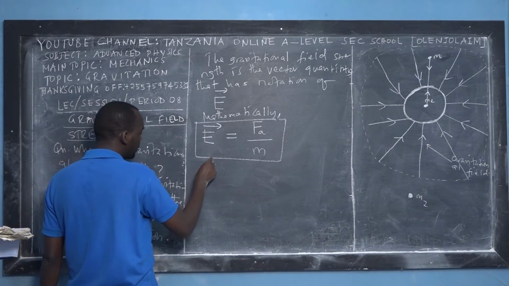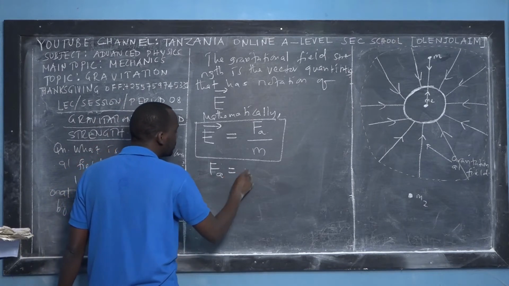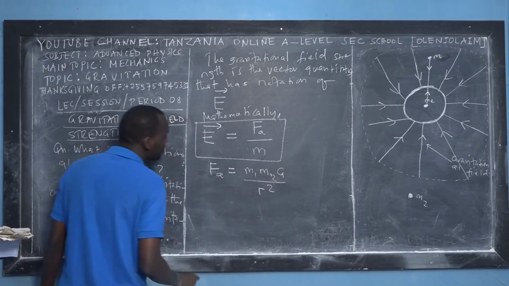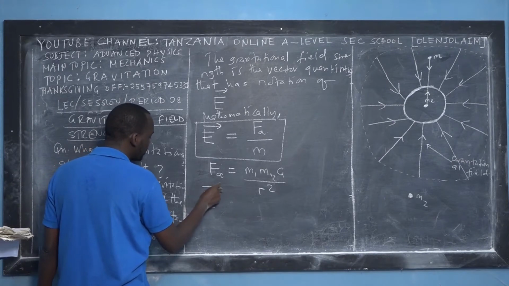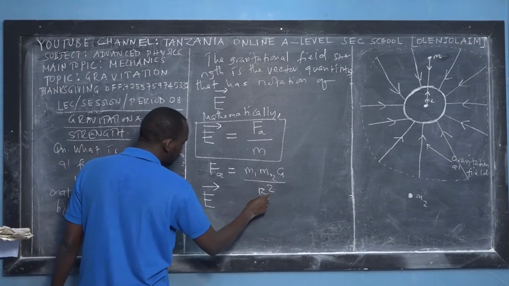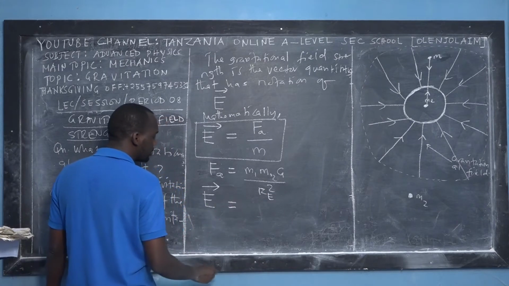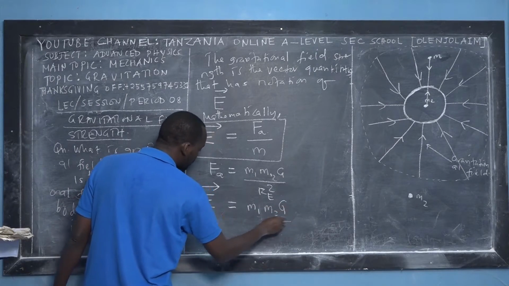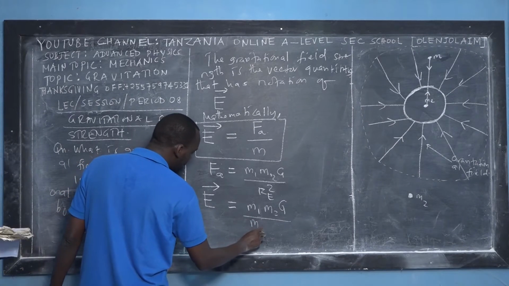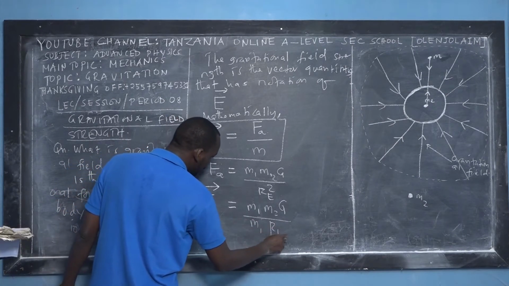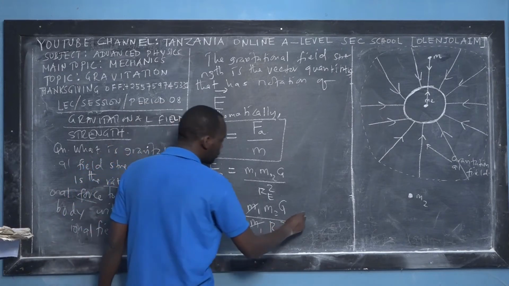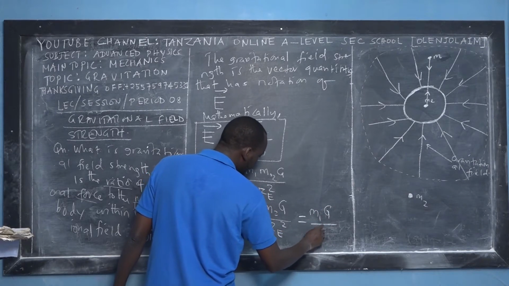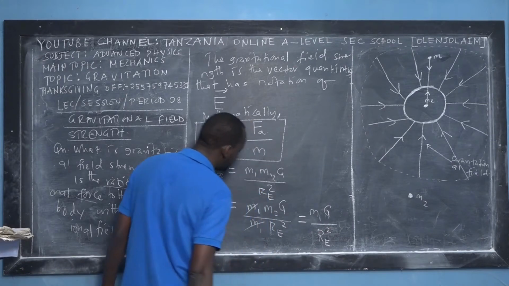The force of attraction between two bodies is mass 1 times mass 2 times the universal gravitational constant, divided by the radius squared. So the gravitational field strength on the Earth's surface will be the ratio of the force, mass 1 times mass 2 times the universal gravitational constant, divided by mass 1 and the radius of the Earth squared. These cancel, so simply we find it's mass times the universal gravitational constant over the radius of the Earth squared.